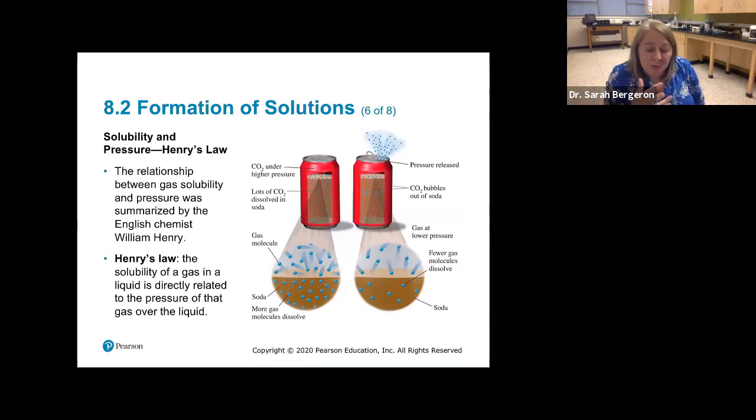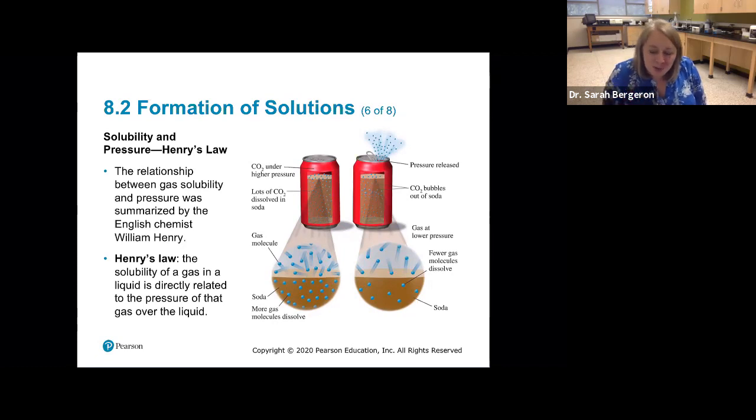Sorry, y'all. The other thing that controls solubility is pressure. Again, you can relate this to a can of Coke. If you don't pop the top, all of that carbonation is soluble inside of the liquid, so all of the gas is inside there. But when you pop the top, you hear the psh.